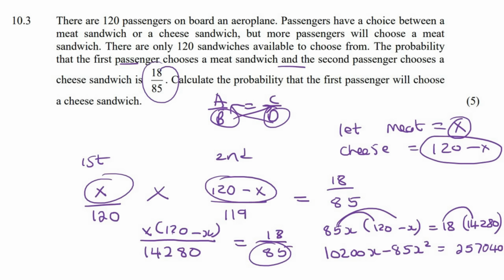Now we have a trinomial. I'm going to take everything to the right hand side, so we end up with positive 85x squared minus 10,200x plus 257,040.